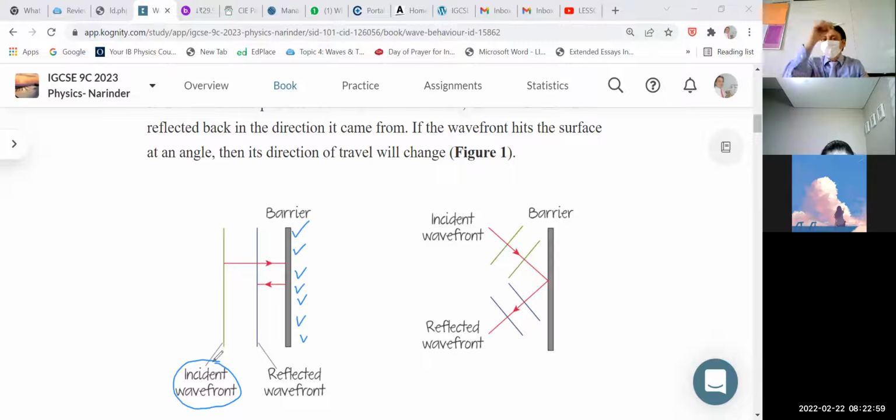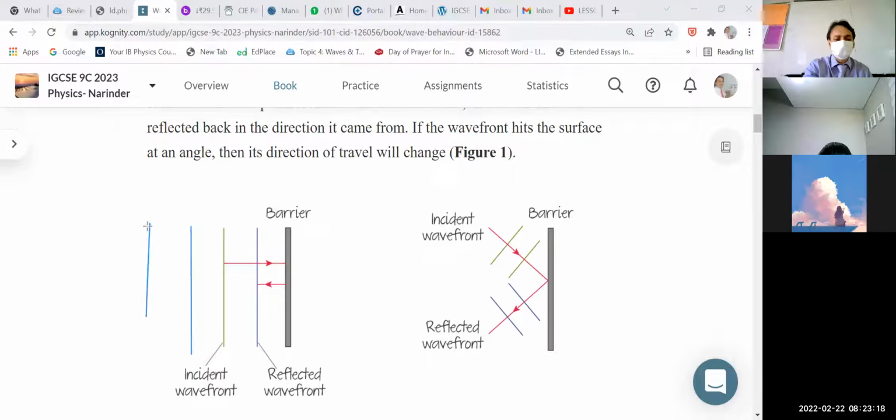But instead of showing a wave like this, we have a wavefront. It's one line, and you can even draw many lines, children. You may draw one more line like this. So there may be many lines, but basically we have a wavefront.